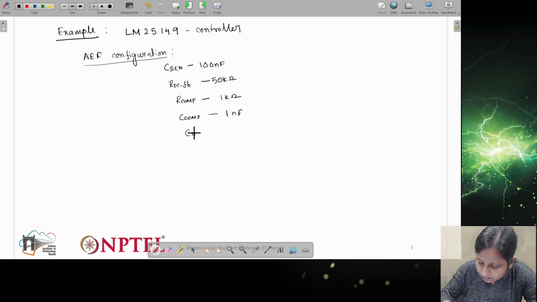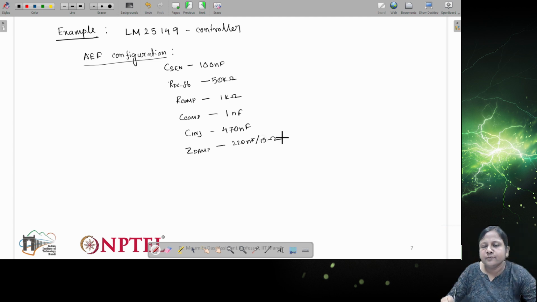C injection is 470 nanofarad, Z damp, right.